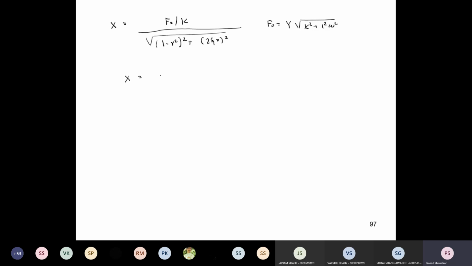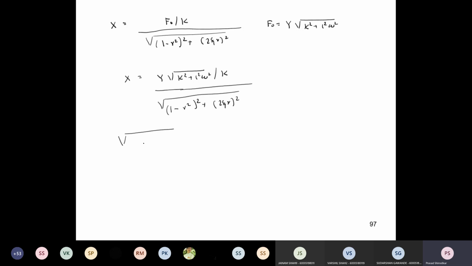Alright, so substitute F0 in this expression. So you get X is equal to Y into square root of k square plus c square omega square divided by k, and that is divided by square root of (1 minus r square) whole square plus (2 zeta r) whole square. Now take k inside the bracket.